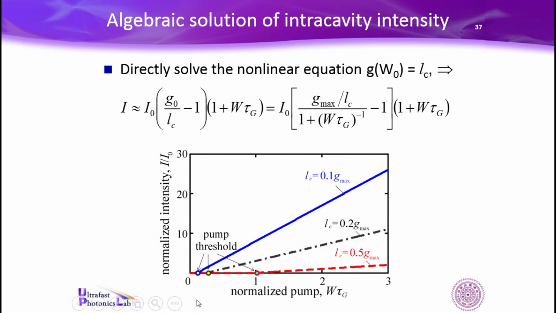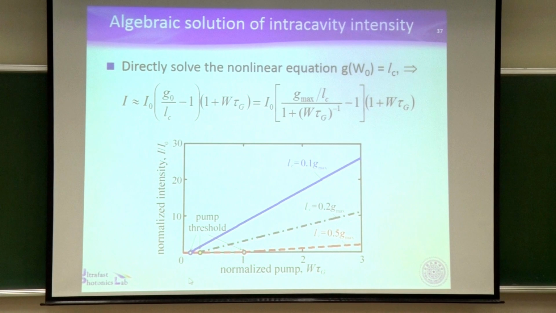Okay? About 10% relative to the upper bound of the small signal gain. Then you got this blue curve. Roughly speaking, you see 2 characteristics. First, when the pump rate is smaller than this number, what do you have?